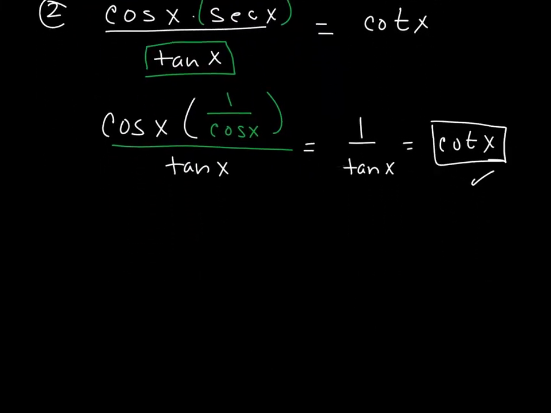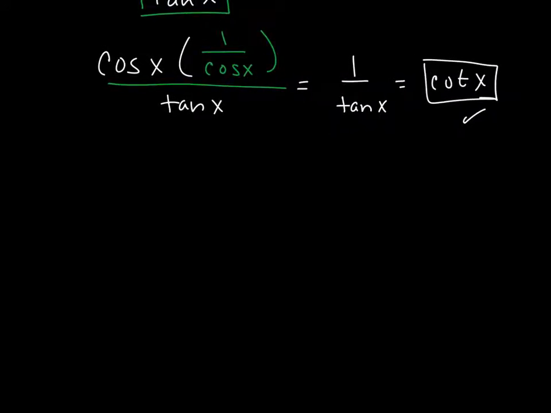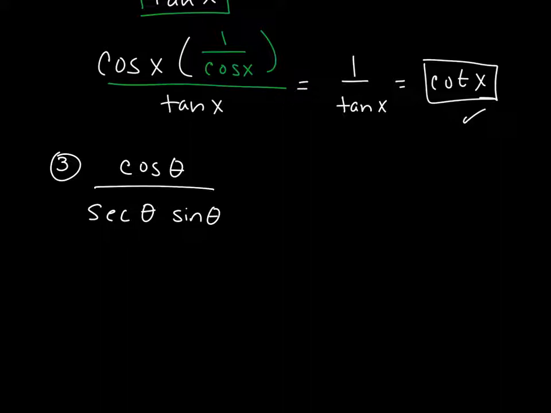So now we're going to go ahead and look at question 3. Question 3 has the cosine of theta all over the secant of theta times the sine of theta, and I need that to equal the cosecant of theta minus the sine of theta.